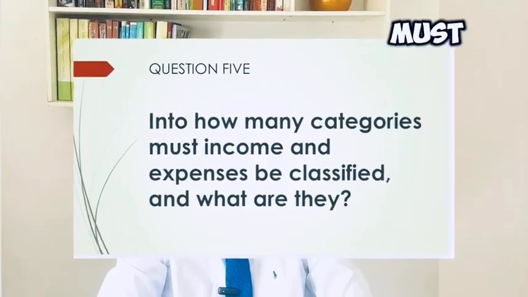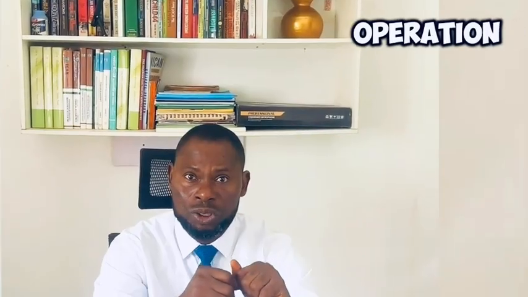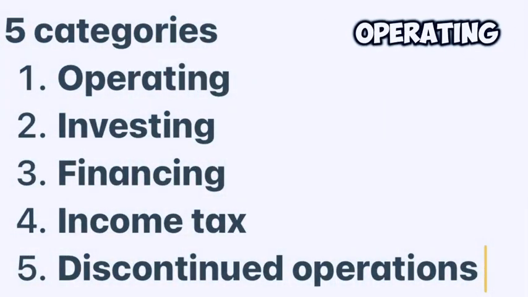Now, number 5. Into how many categories must income and expenses be classified, and what are they? So we have operating, that's a new category. The second category, you have investing category, you have financing category, you have income tax category, and you have discontinued operation category. So basically, the operating, investing, and financing are actually new.